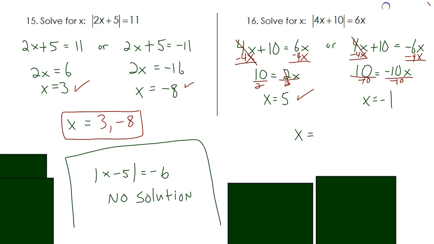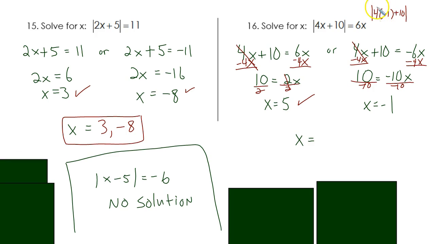I then go back and look at it again, and I'll try the other possible solution by plugging in negative 1. Now remember, this is in absolute values. So that's 4 times negative 1 plus 10 in the absolute value equals 6 times negative 1. Well, I can go ahead and put all this together. 4 times negative 1 is negative 4.